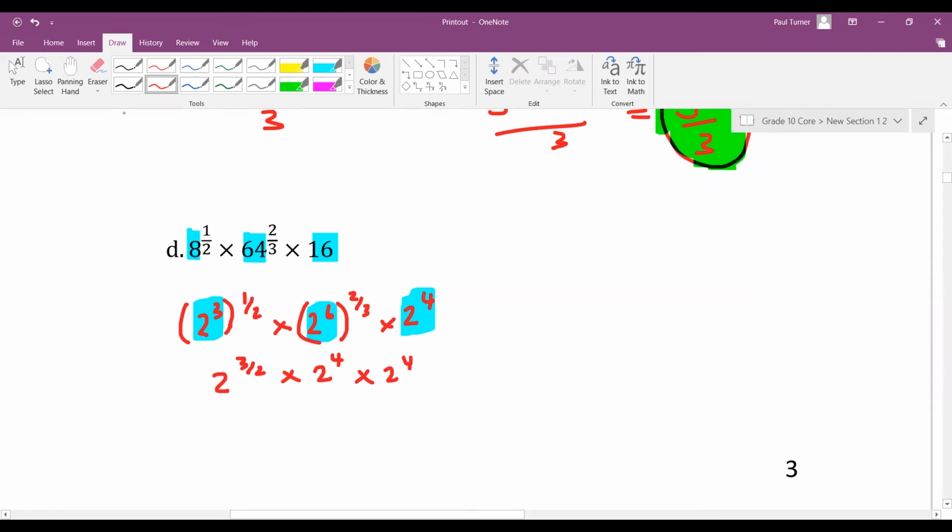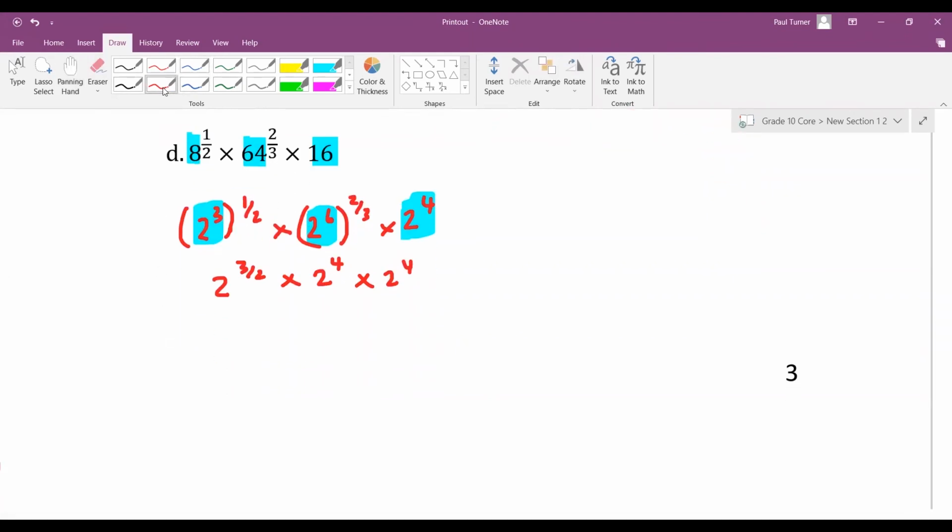So when you add these together, we'll have 2, 3 on 2 power, 2 plus 4 plus 4, which is plus 8. Now I could make this a single fraction, 3 on 2 plus 16 on 2, because 8 is 16 on 2, isn't it? I did that, so now I have a common denominator. 16 plus 3 is 19 on 2.